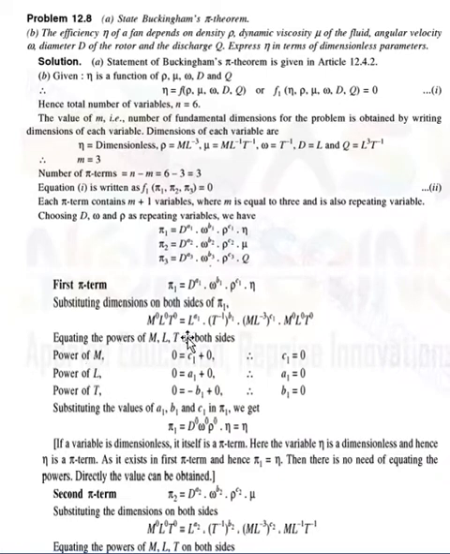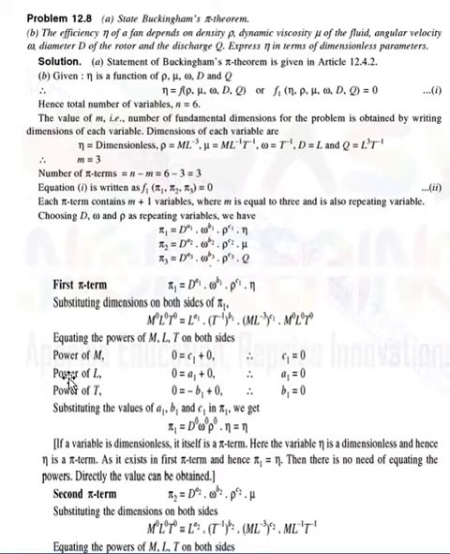Then equating the power of M, L, T on both sides. First, equating the power of M on both sides. On the left hand side, M is equal to 0. On the right hand side, here is 1 M, therefore M to the power 1 into c1 means only c1, and here is 0 plus 0, therefore c1 equals 0.